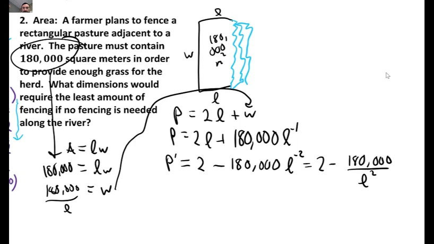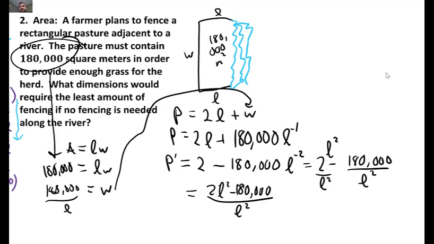I would probably also make it have a common denominator here. So let's multiply the bottom by L squared and the numerator by L squared, so that we can get a common denominator. And that just makes it a little bit easier for me to solve for.